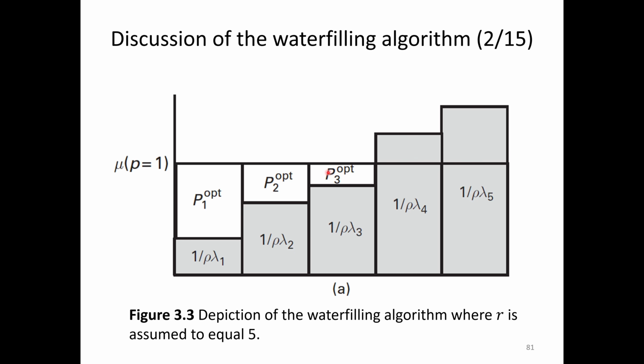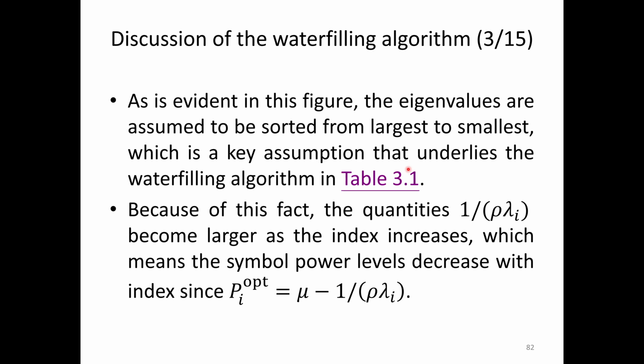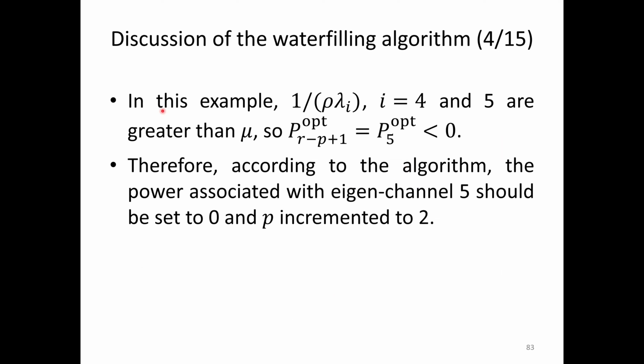And for eigenchannels 4 and 5, because mu is smaller than 1 over rho lambda_i, the P_i OPT is smaller than 0, and we set P_i OPT to 0. In this example, 1 over rho lambda_i for i equal to 4 and 5 are greater than mu.